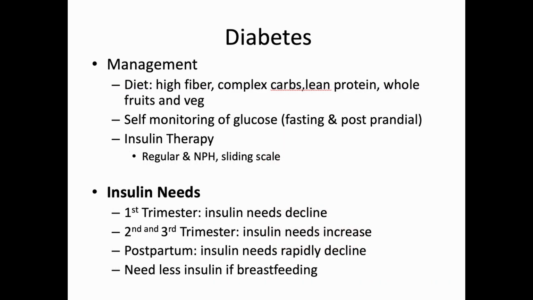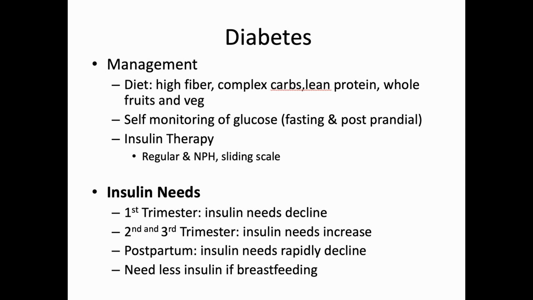Our management, right, is possible for someone to be diet controlled, right? So usually if a patient comes in and they say, oh, I have gestational diabetes, we want to know how it's being managed because it could just be diet controlled. So diet: high fiber, complex carbs, lean protein, whole fruits and vegetables. They're going to be doing self-monitoring at home, right? They should be checking their glucose regularly.